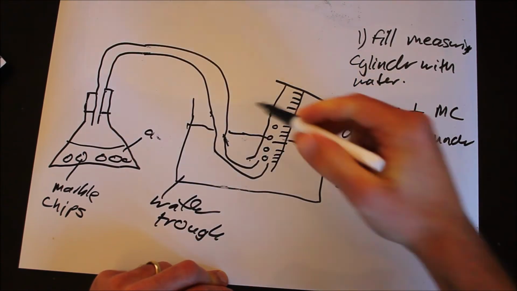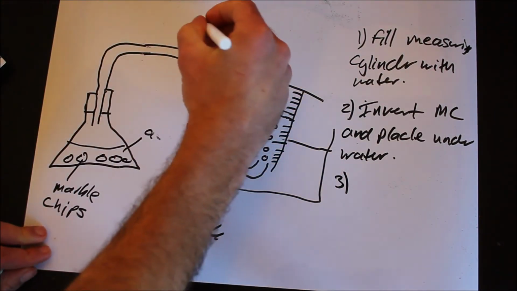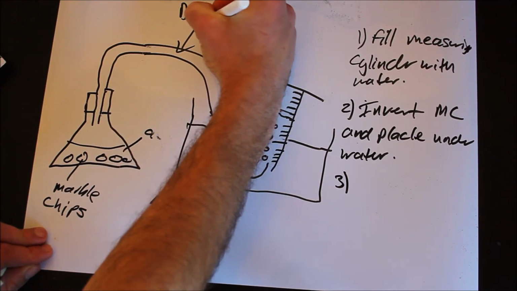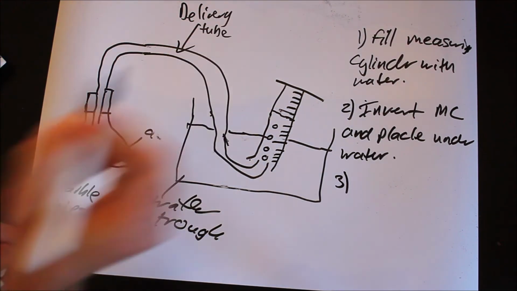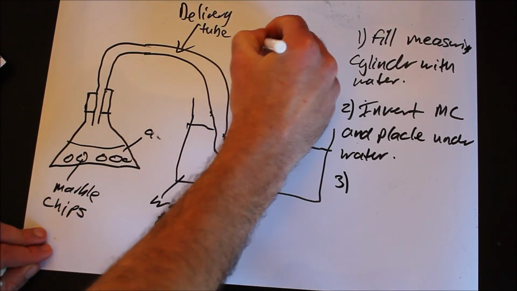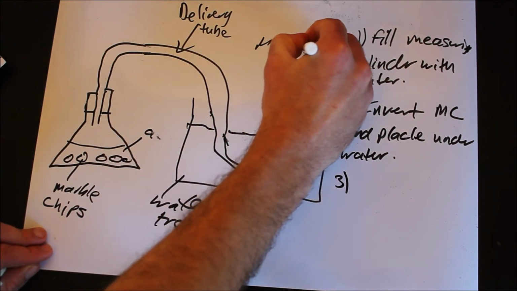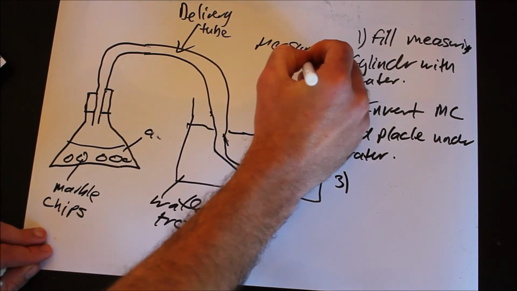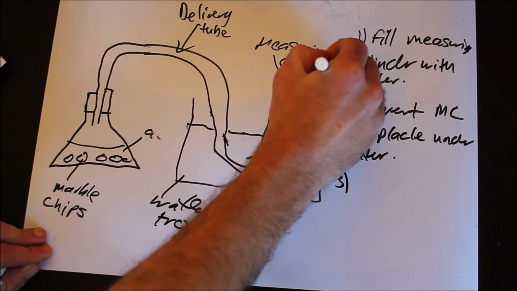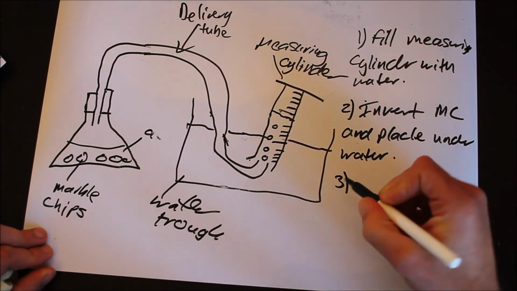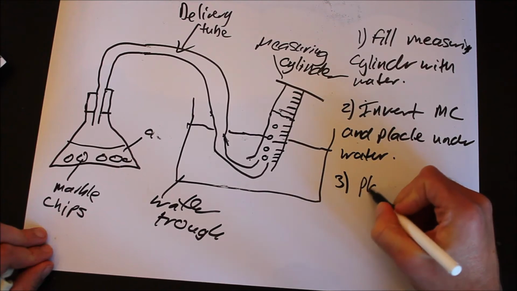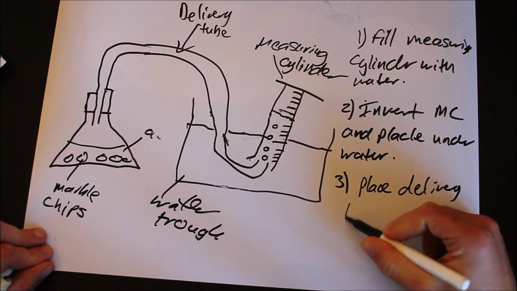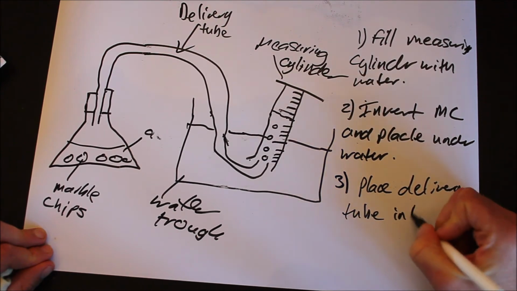The next step is we're going to take our delivery tube. I should have been a doctor with this handwriting. So the next step is you put the delivery tube into the measuring cylinder.